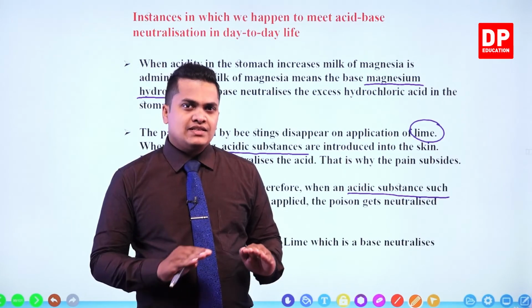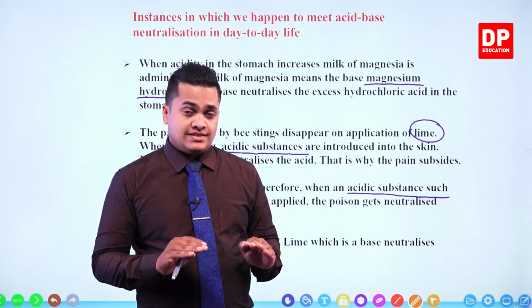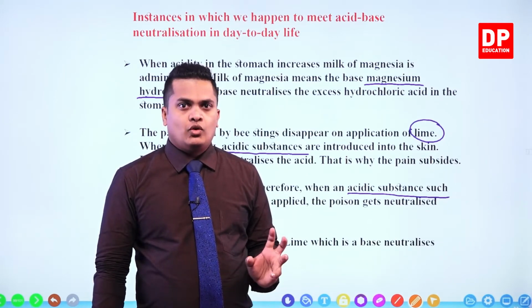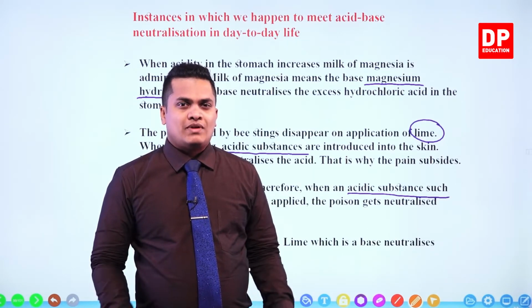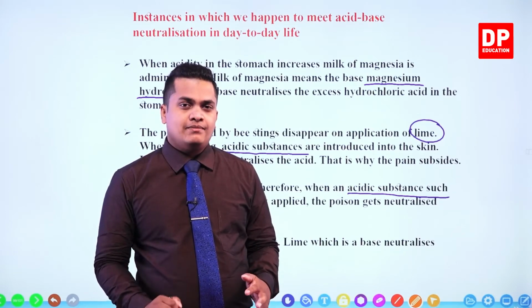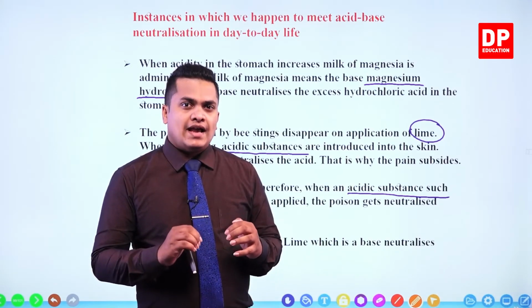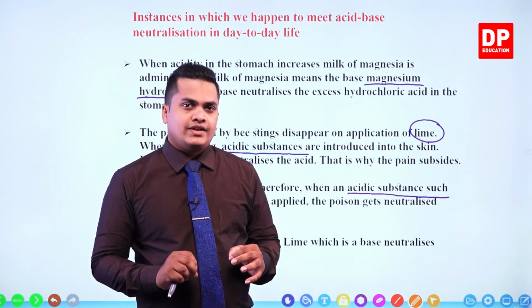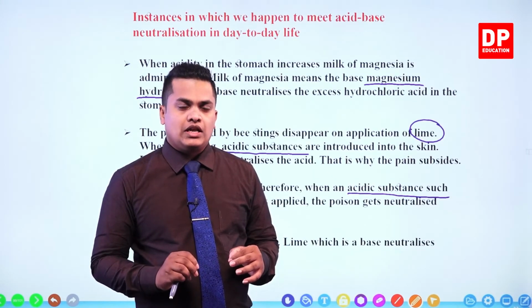So to minimize the acidity level in our soil, we can add ash or quicklime into it. By adding ash or lime, we reduce the acidity level in the soil.